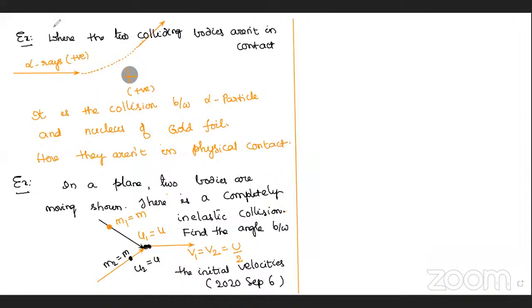Anyone has the idea? LCLM. Okay, right, good. Ishan told LCLM, according to LCLM, what do you say directly? Shall I write M1 U1 plus M2 U2 is equal to M1 plus M2 into U by 2? Is it correct?